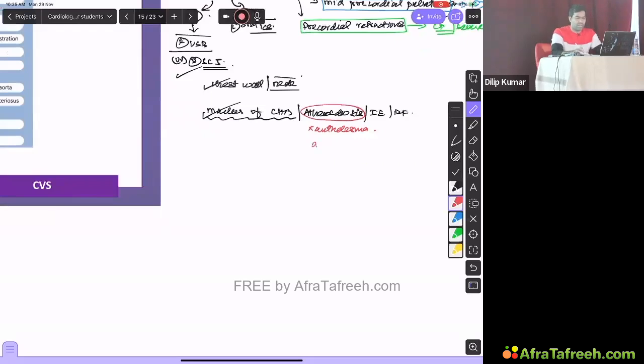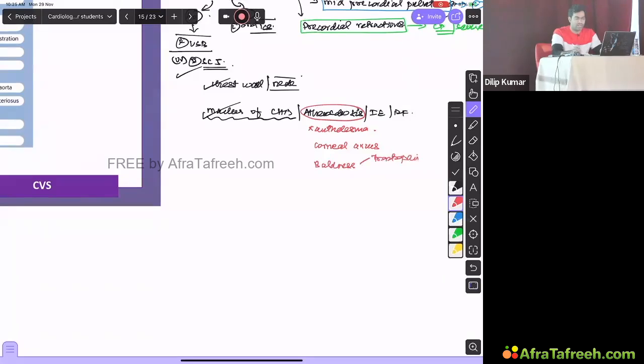And we have something called corneal arcus, especially if it happens in the younger age group. That's called arcus juvenilis. Then there are two types of baldness which are thought to increase the risk of coronary artery disease. One is called frontoparietal baldness.